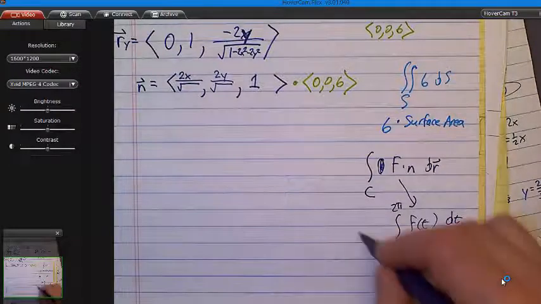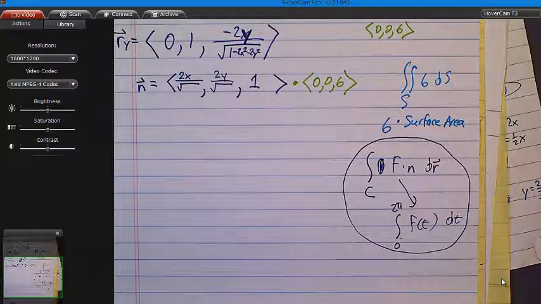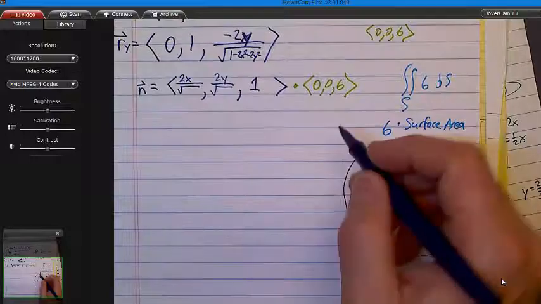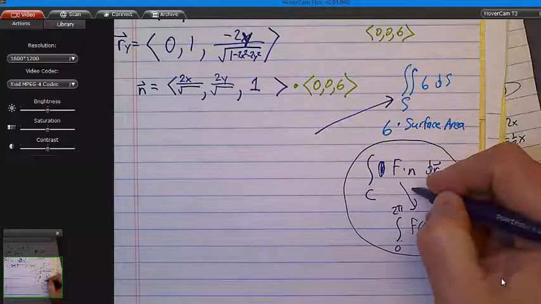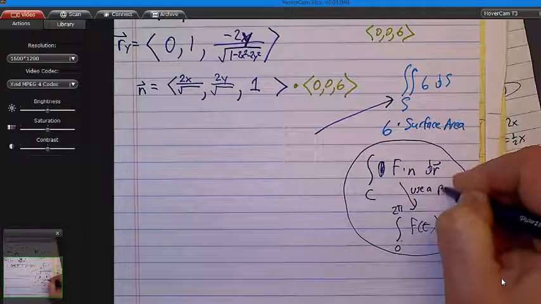This is what you guys have been doing, yes? So when I want to compute that, the whole trick is we need to use a parameterization.